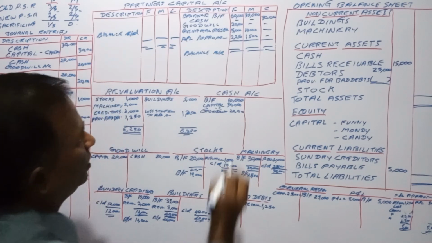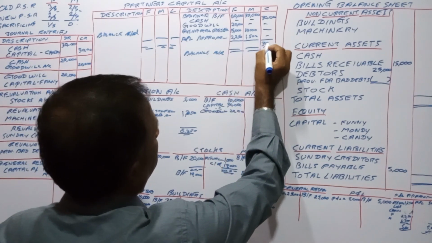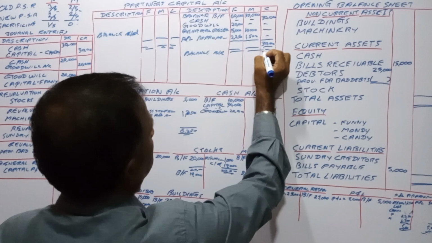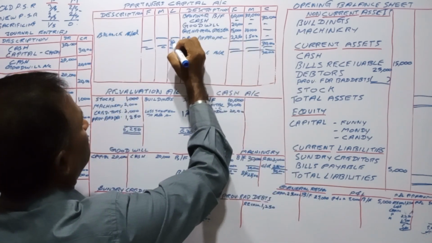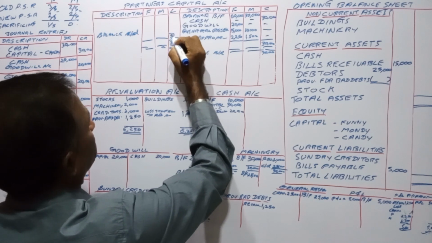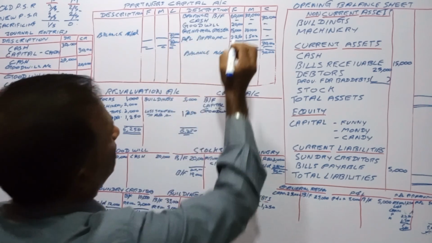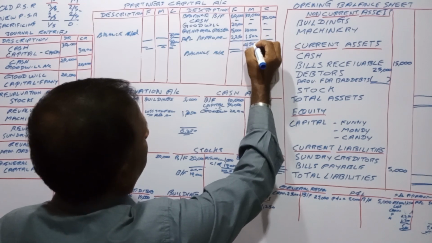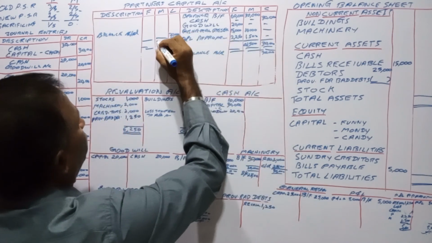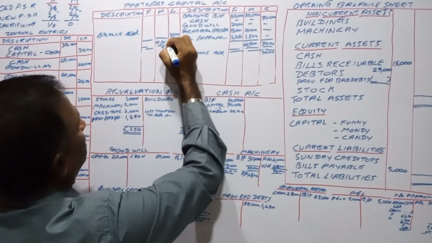Right? Here 30,000, and 30,000. Here 41,500 and 41,500.